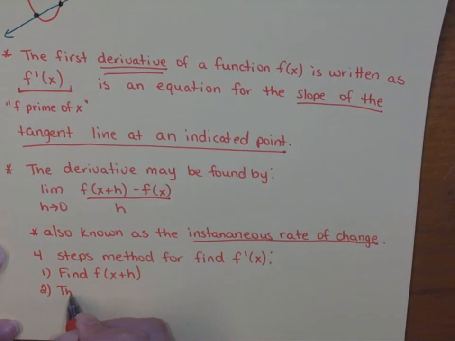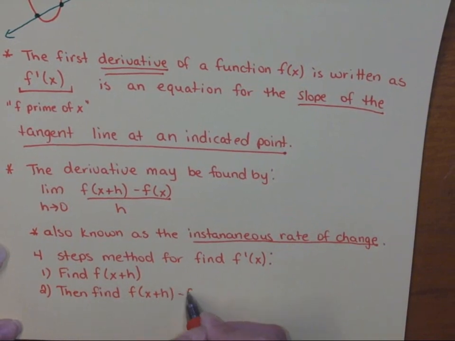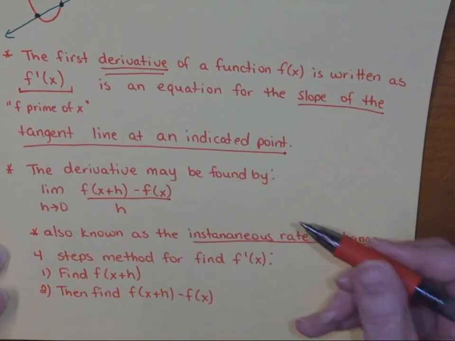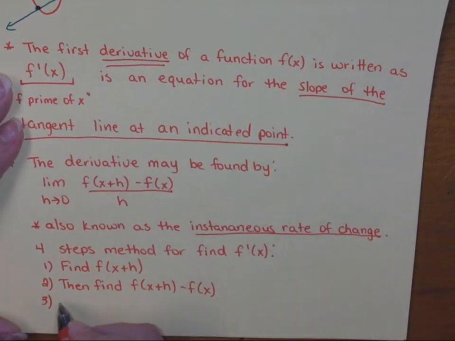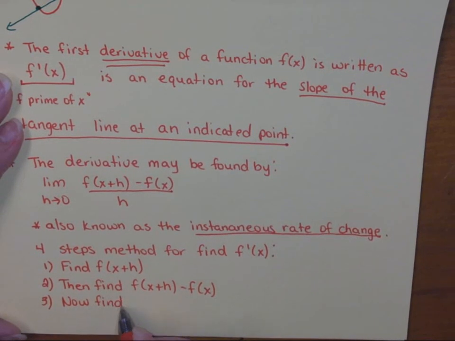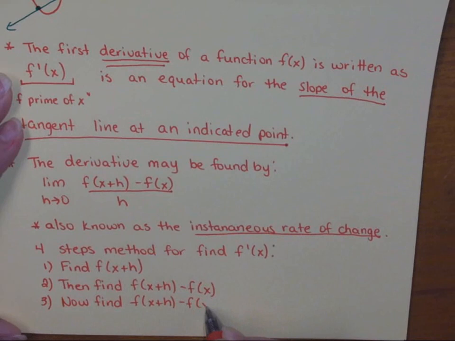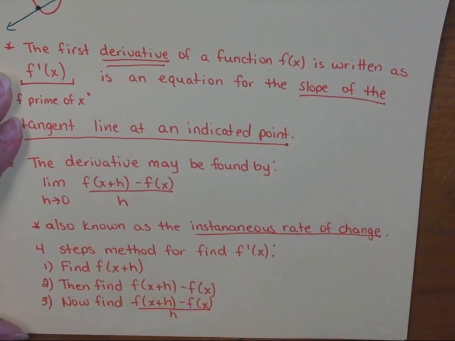Once we've done that, we're going to use that to find f of x plus h minus f of x. Notice I'm getting just a little bit more of the puzzle up here, right? The third step will be to take the previous step, whatever information you get there, and put it over h.